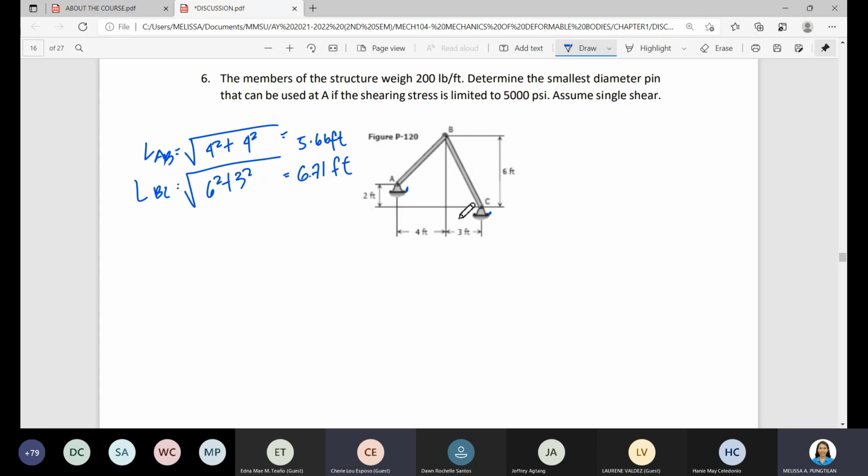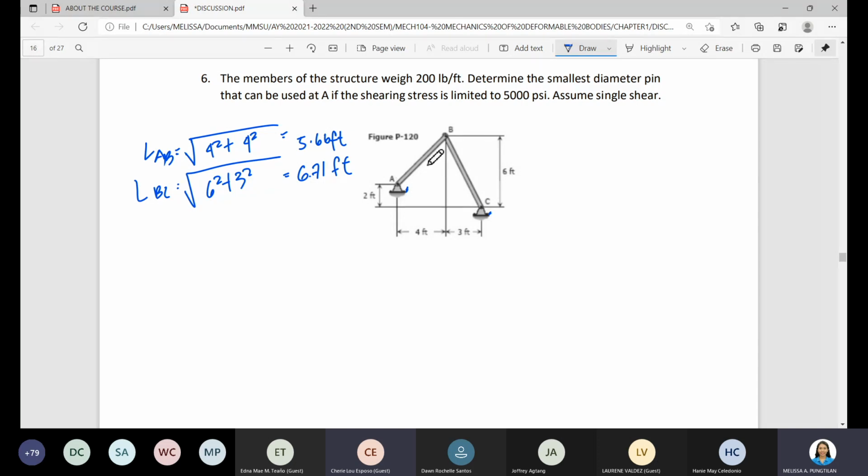Okay? Indeterminate structure meaning hindi natin masosolve basta-basta yung mga reactions ng ating supports with only using the three equations of equilibrium, which is the summation of forces along x direction, summation of forces along y direction, and then the summation of moment.